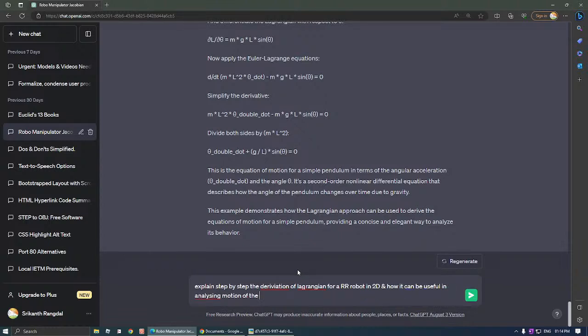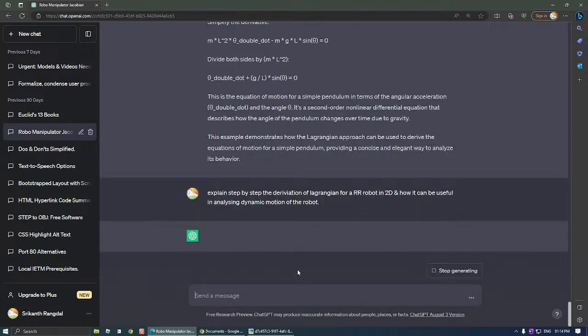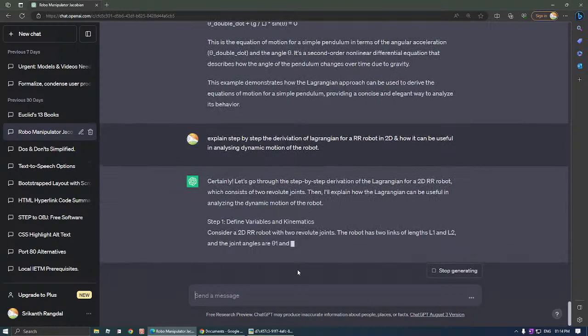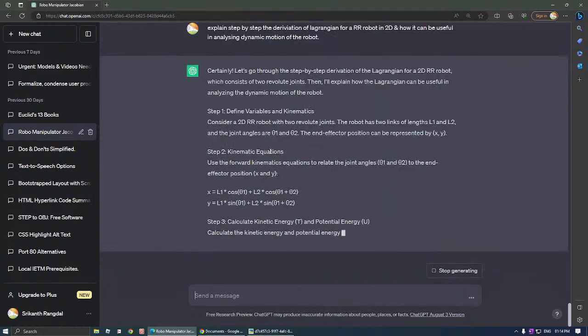Analyzing motion of a robot. This is going to use ChatGPT. Let's see if it is able to give me the correct answer.